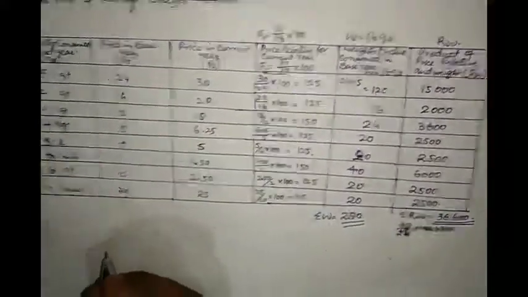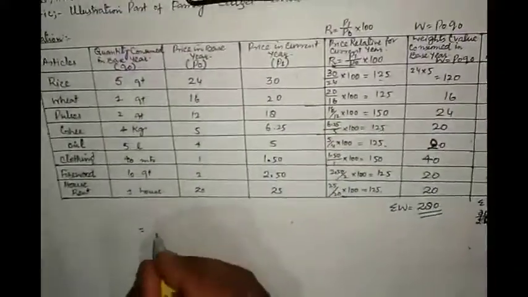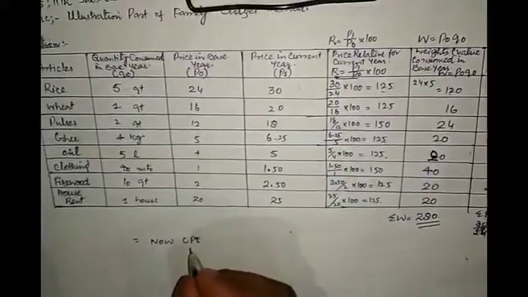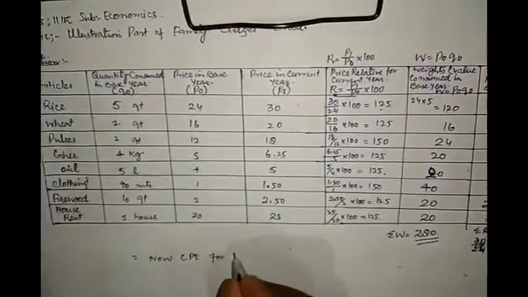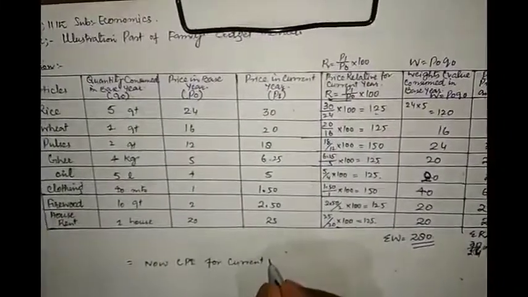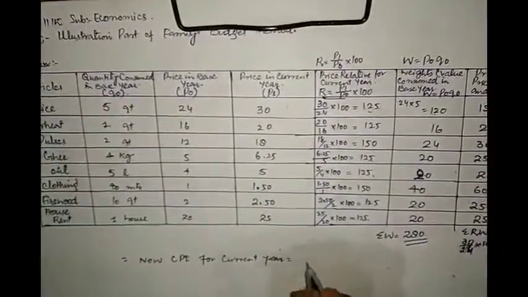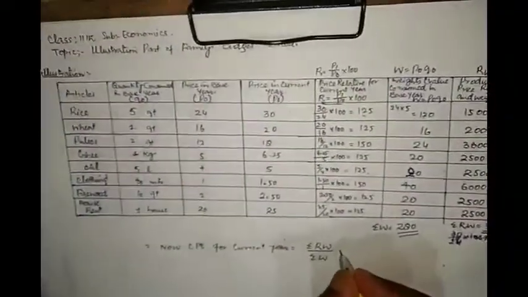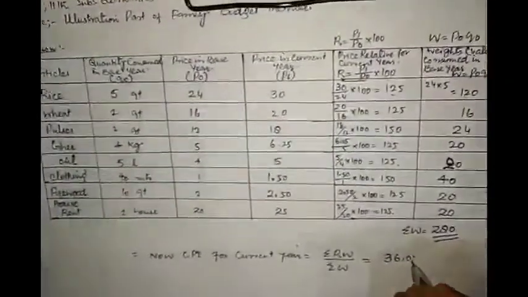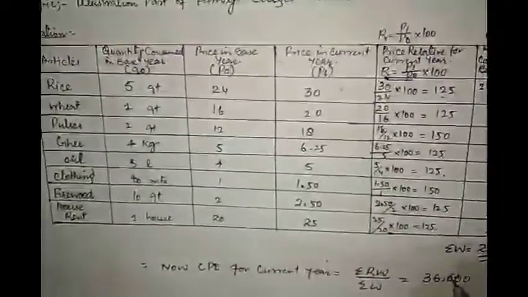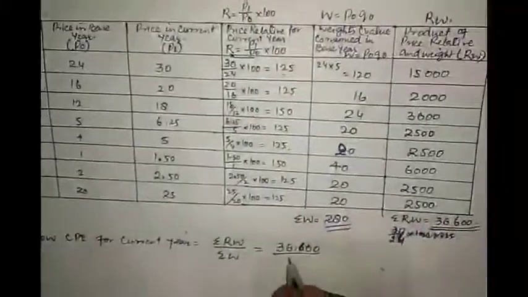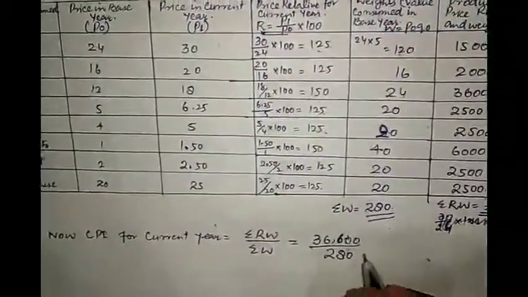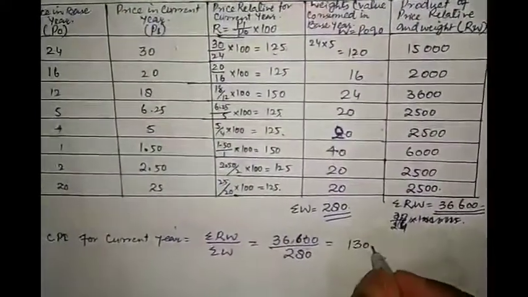We know according to the formula that CPI, the consumer price index for the current year, is equal to summation of RW divided by summation of W, which is equal to 36,600 divided by 280, that is equal to 130.71.